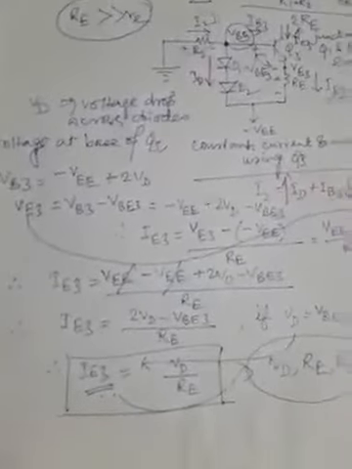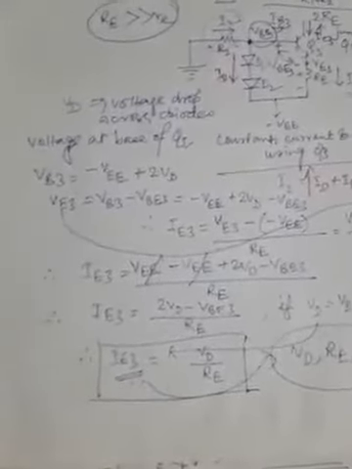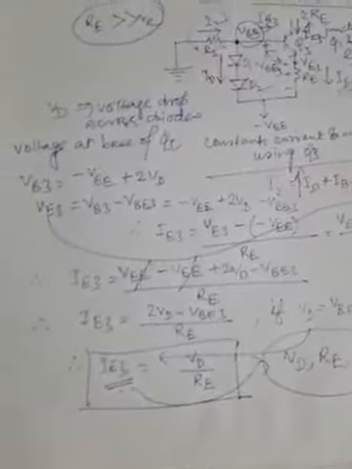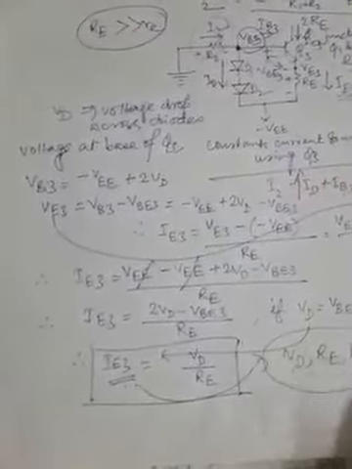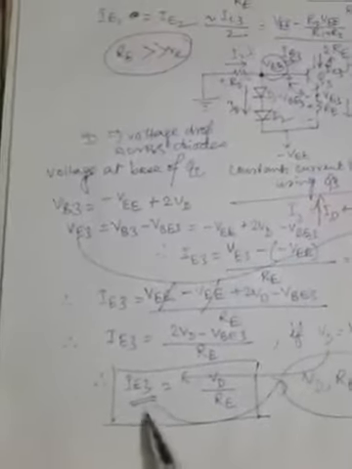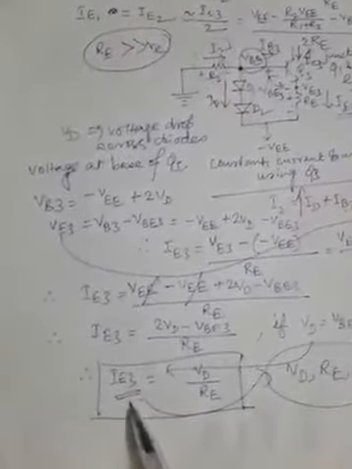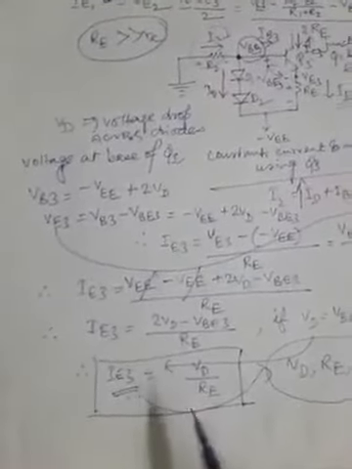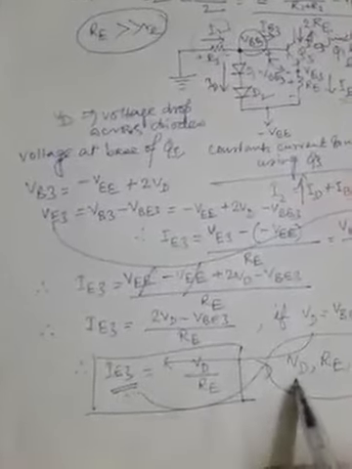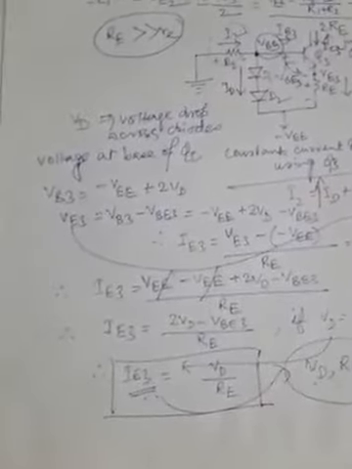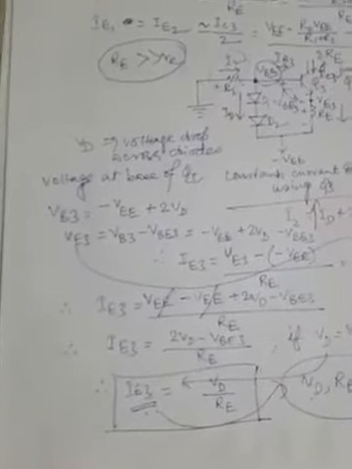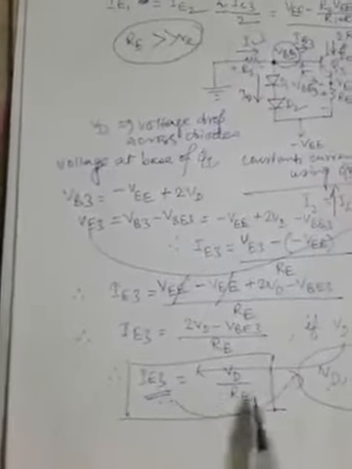Now, if we want to design a constant current bias circuit, we will do the following. We should consider certain specific values for these three parameters to get a fixed desired IE3 value, and assuming that the diode voltage drop is 0.7 volt, we can determine the value of RE using this equation.